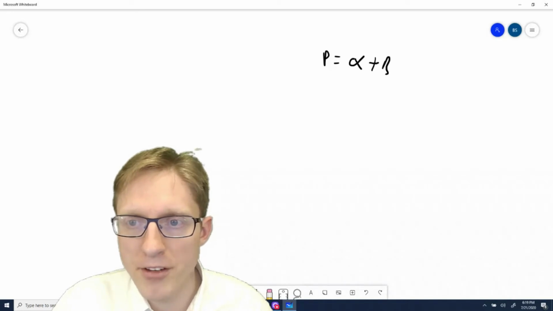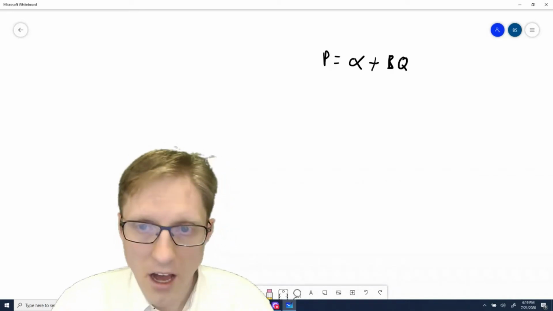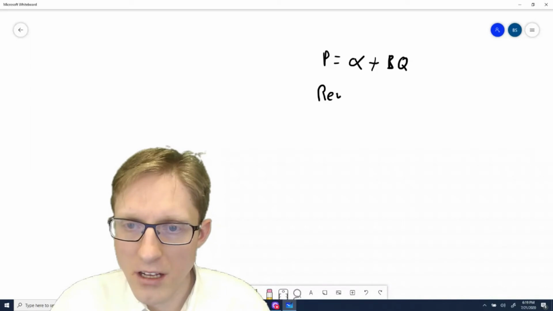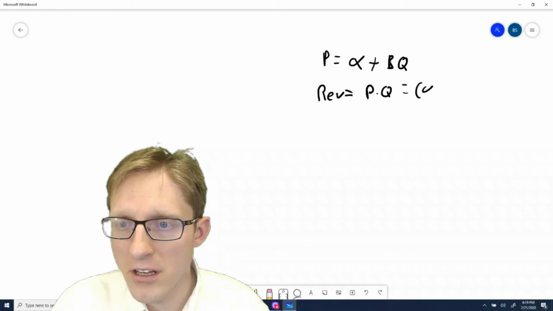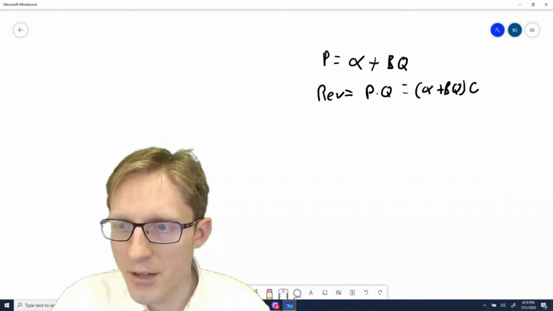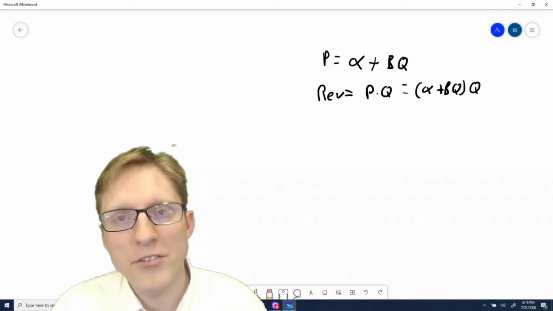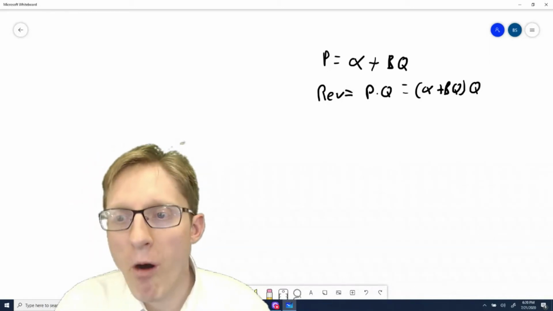and arbitrary slope beta. And so revenue is equal to price times quantity, okay, which with this functional form for price is equal to alpha plus beta times Q times the quantity produced. Okay, so how do we get the marginal revenue?